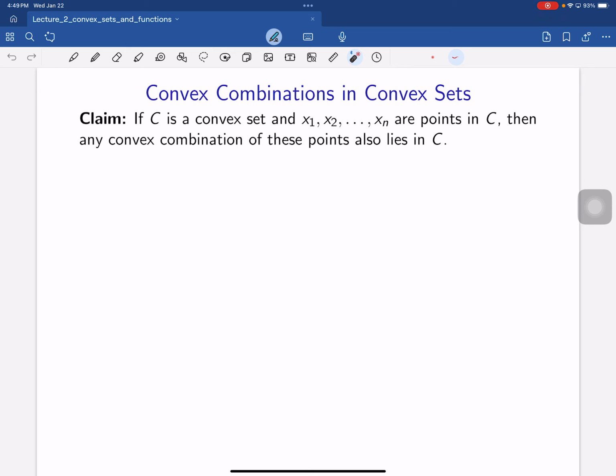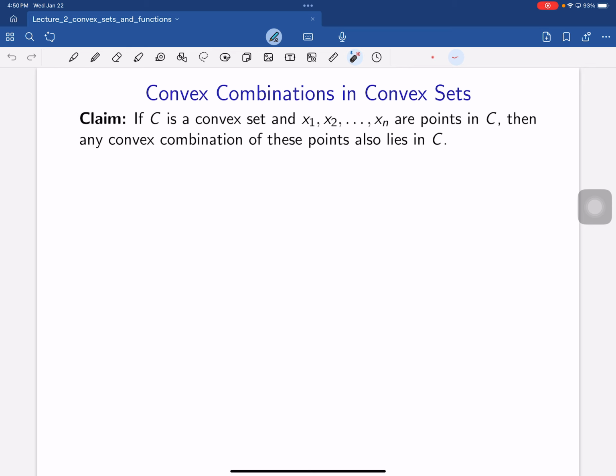But this claim is saying if the set is convex, you pick any arbitrary n points, their convex combination must also be in C. Okay, so this is a generalization from picking any arbitrary 2 points to picking any arbitrary n points and taking their convex combination.